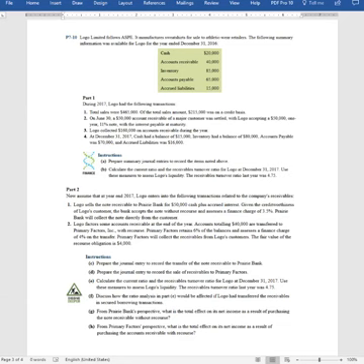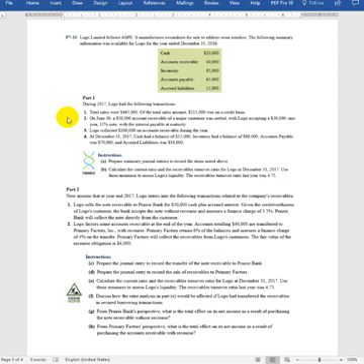Problem 7-10 is next. So here we go with problem 7-10. It's a situation where we have some notes receivable, and we need to determine, first of all, journal entries, and then the effect on the current ratio and the receivables turnover ratio for the year.